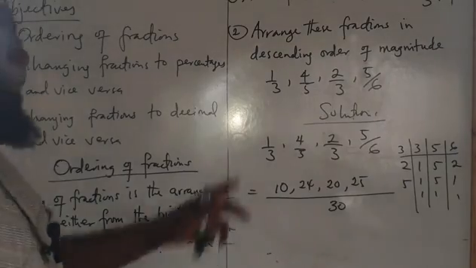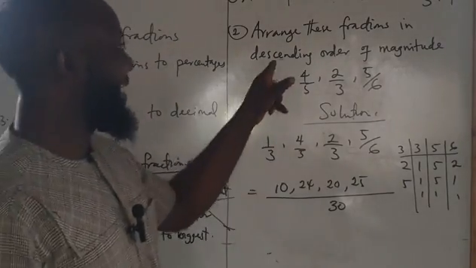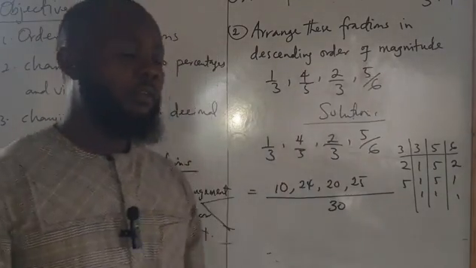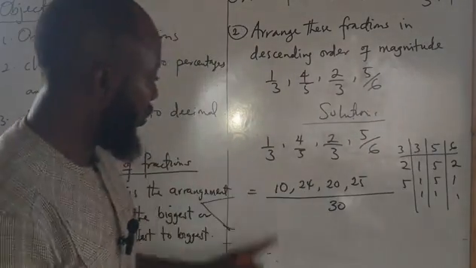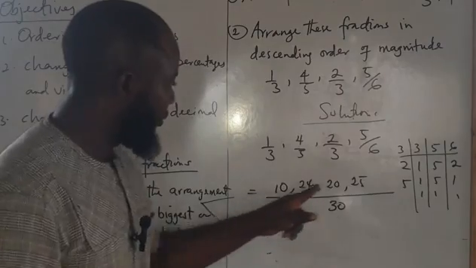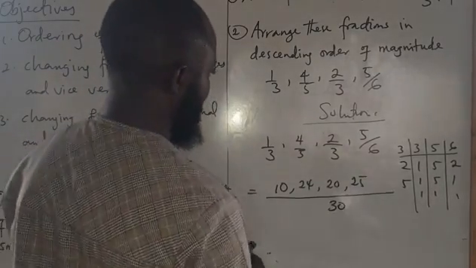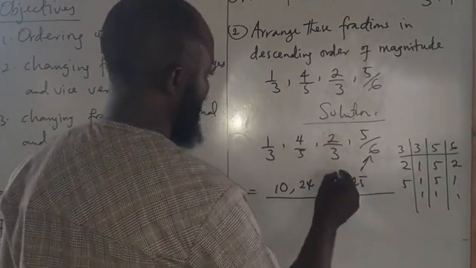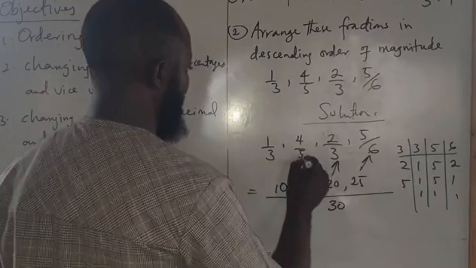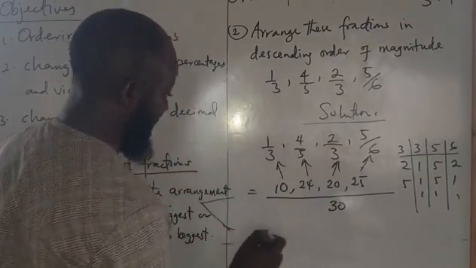So don't forget, the question asks us to arrange in descending order, that is from the biggest to the smallest. Out of these numerators, which one is the biggest? 25, which has to do with this one. So we now pick them one by one.